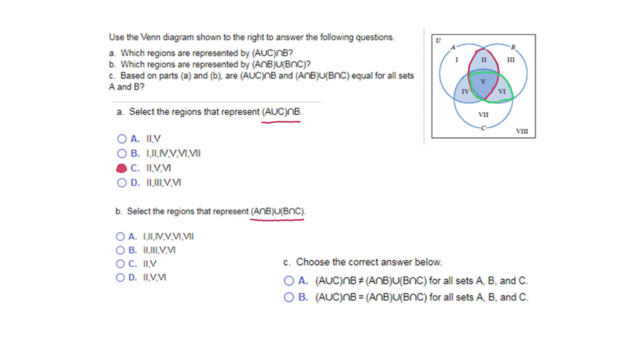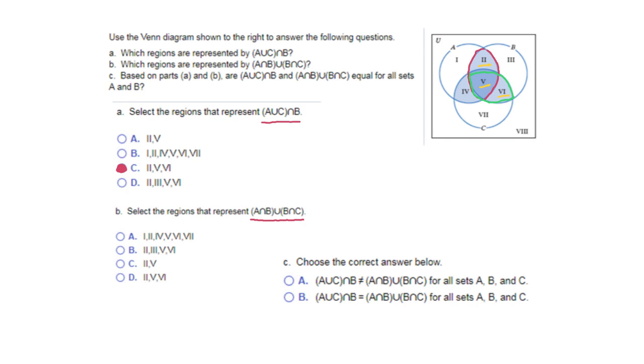Now for this problem, we're looking for the union of those two sets. So again, the union means to write down every region that is included in both sets. So that is going to be region 2 again, region 5, and region 6.